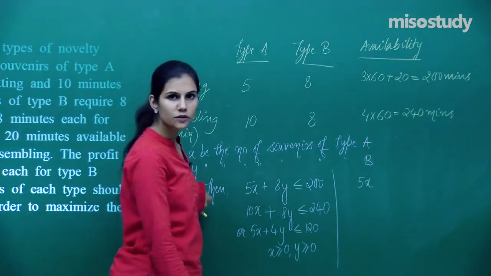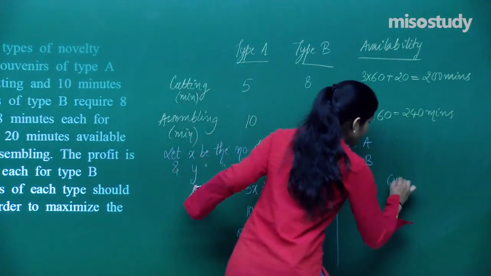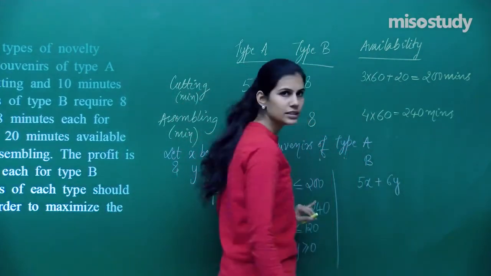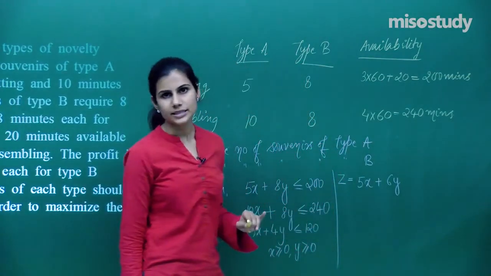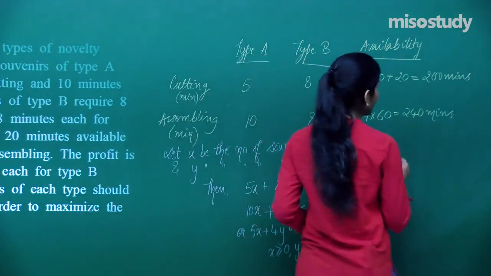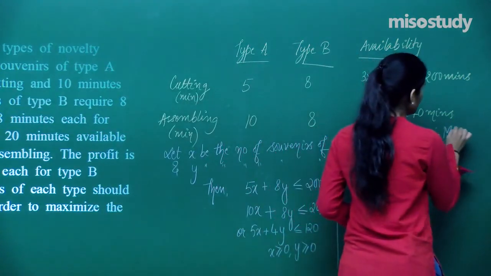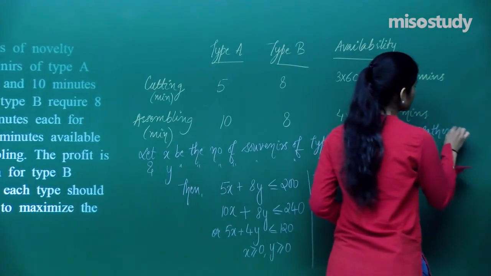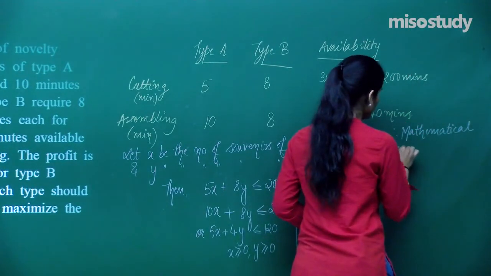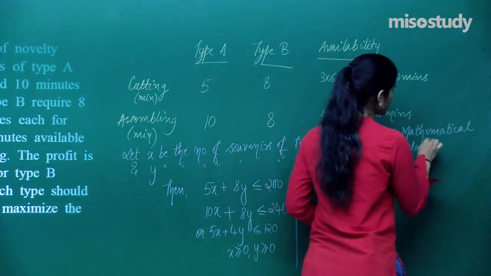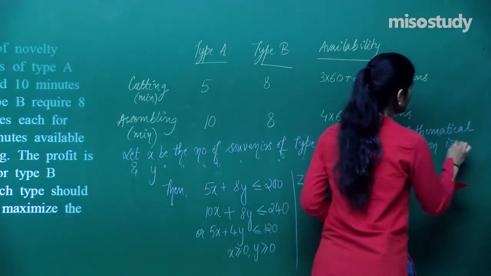So on Y souvenirs of type B, he will earn 6y as profit. So in total, this is his profit function and I need to maximize it. Therefore, the mathematical formulation of the problem is very simple.